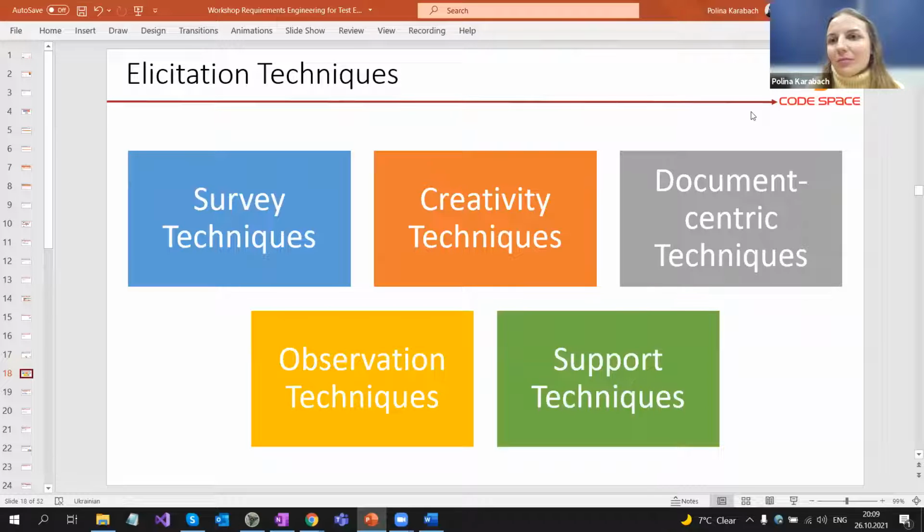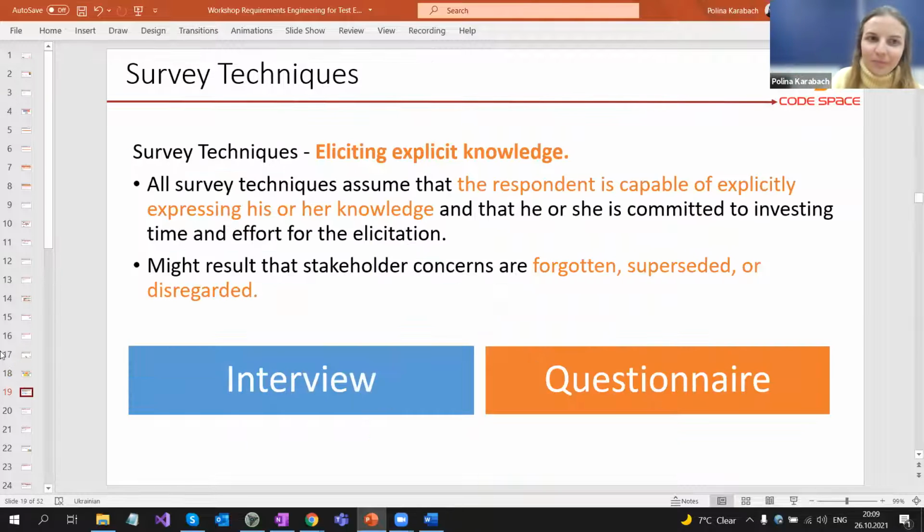So these are some categories of the elicitation techniques that we will review further in more detail: survey techniques, creativity techniques, document-centric techniques, observation, and some additional support techniques. Survey techniques serve us for eliciting the explicit knowledge, something that our users already know. We've seen it in features, for instance, satisfiers.